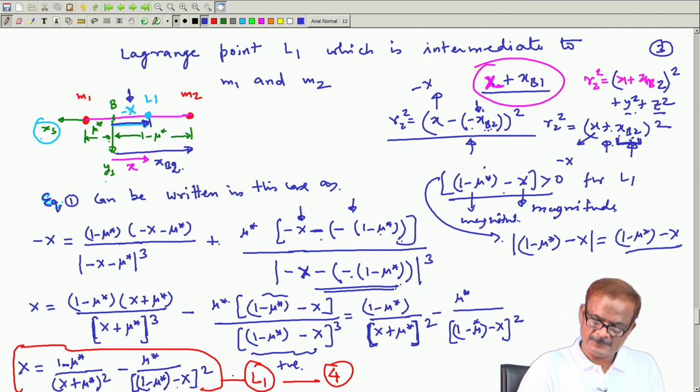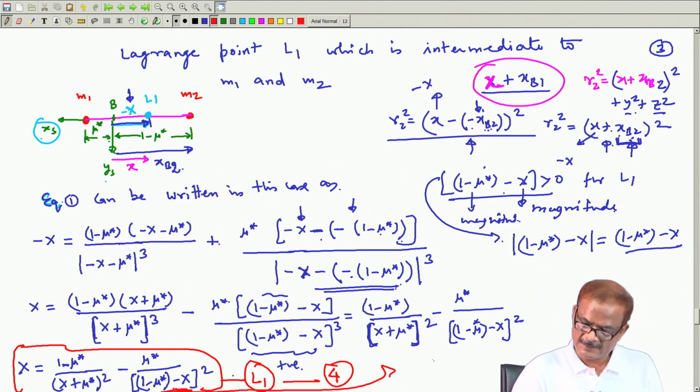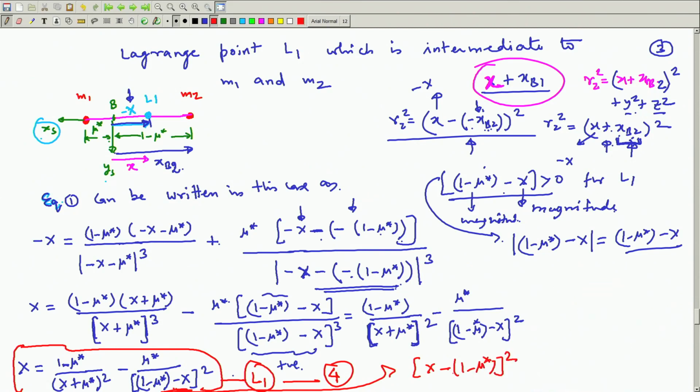So, one thing you should note here is that the quantity in this bracket can also be written as x minus 1 minus mu star whole square. Either you write this first or this first, it does not matter because there is a square here.